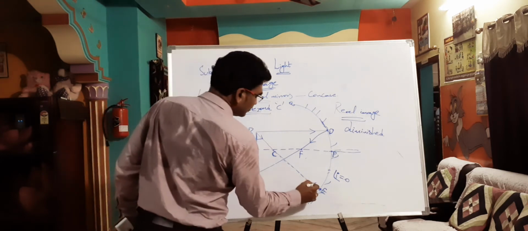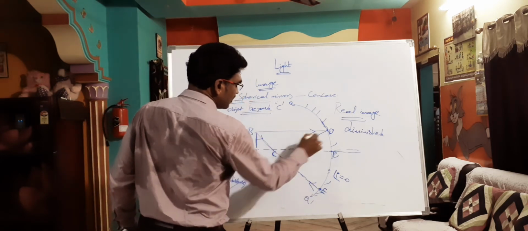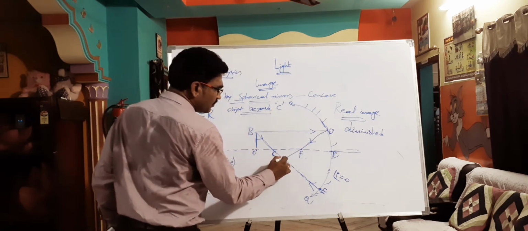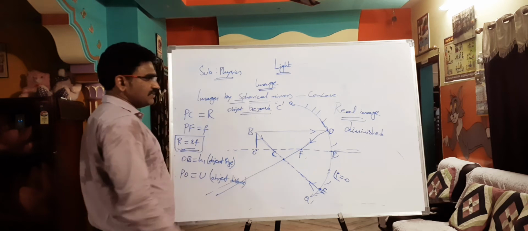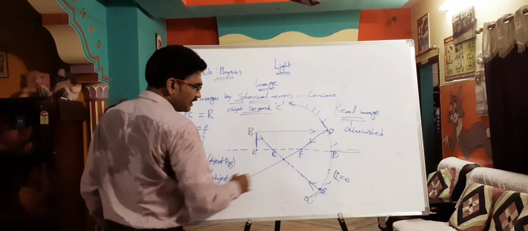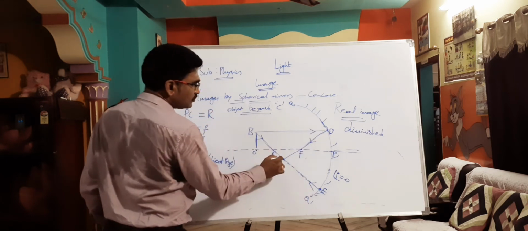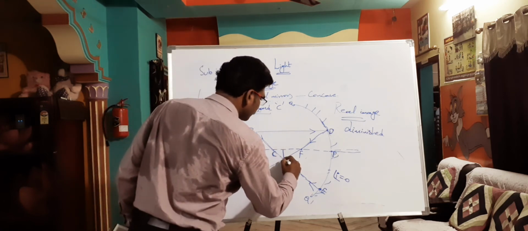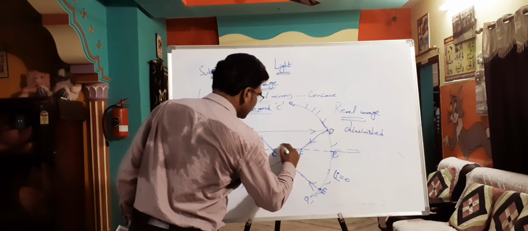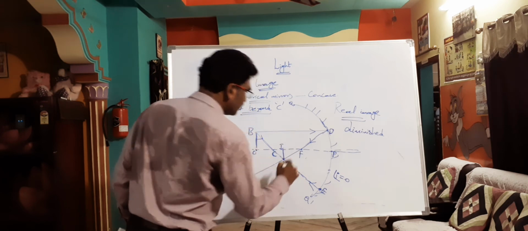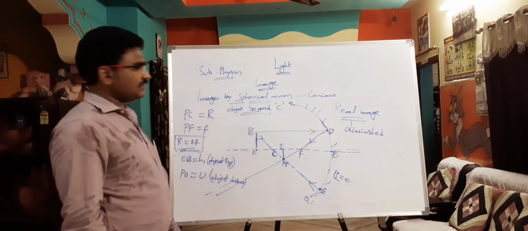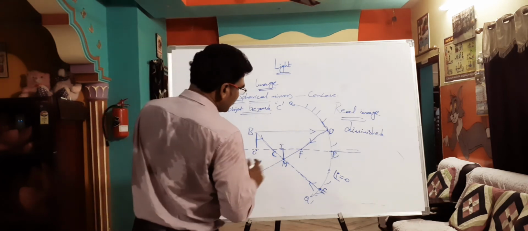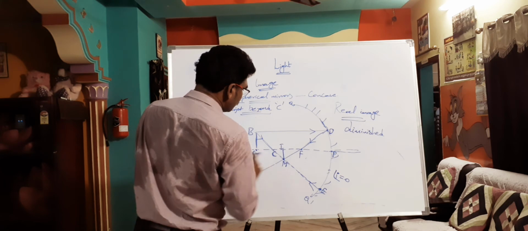Now you see this reflected ray and this reflected ray are really meeting at this point. Then what is this point called? Image point. I say IM is the image point.